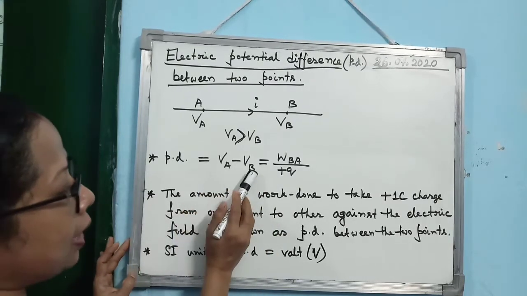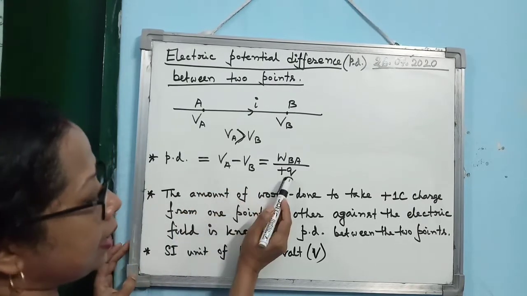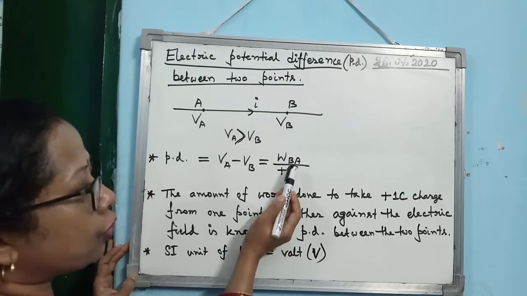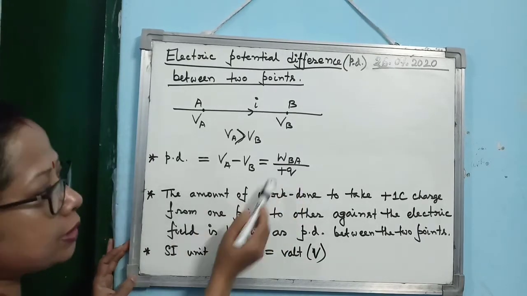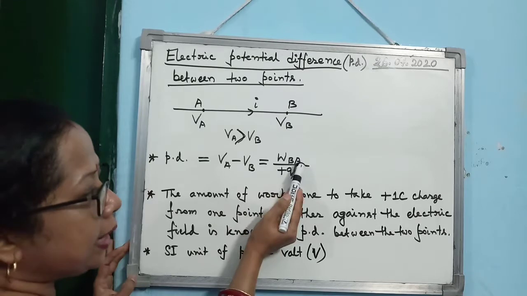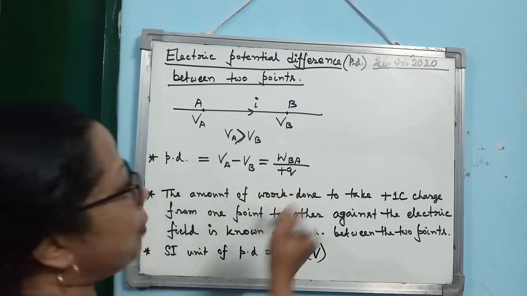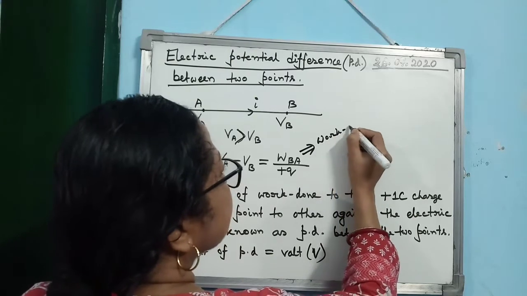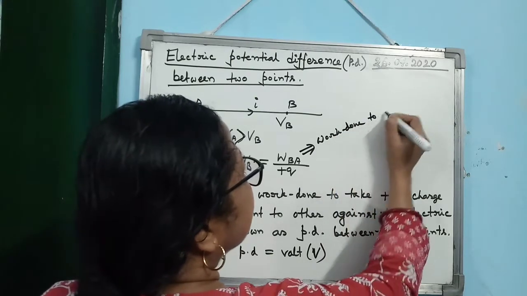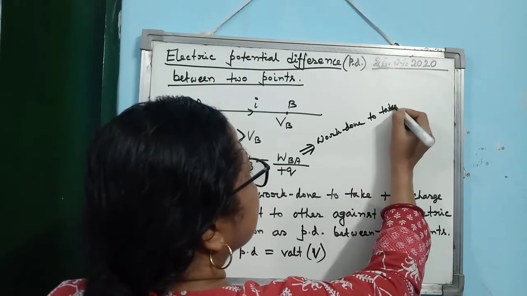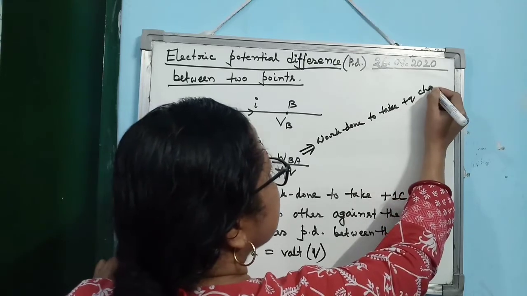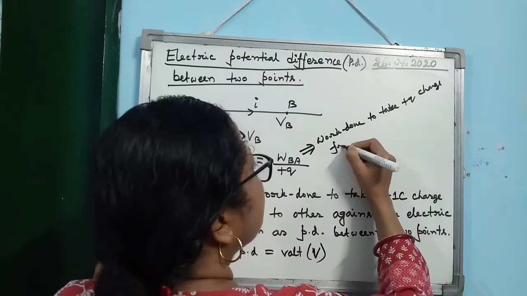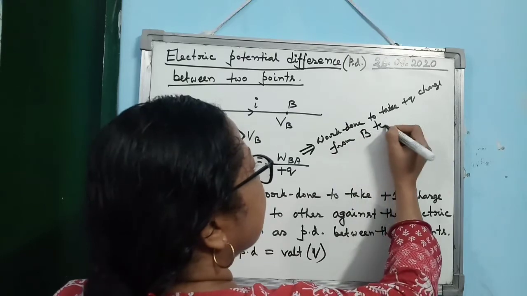When it is VA minus VB, you take the plus Q charge from B to A. You see what I have written, WBA? It is the work done to take plus Q charge from B to A.